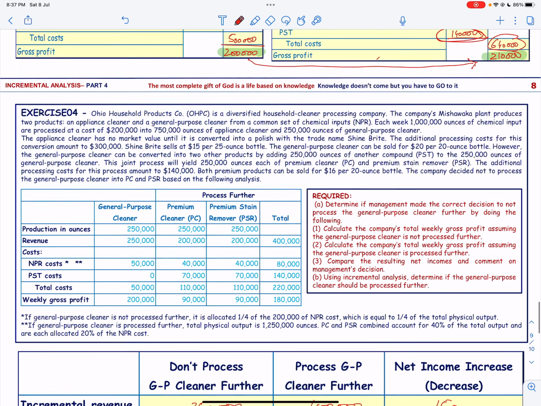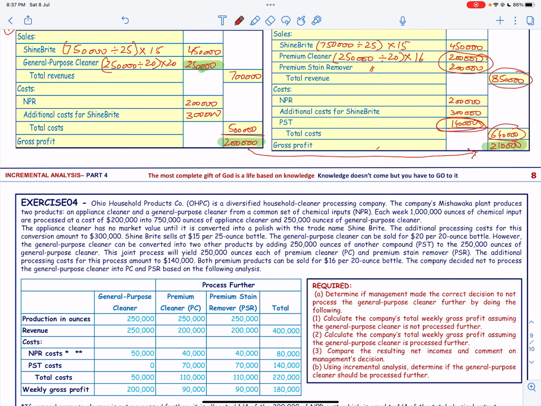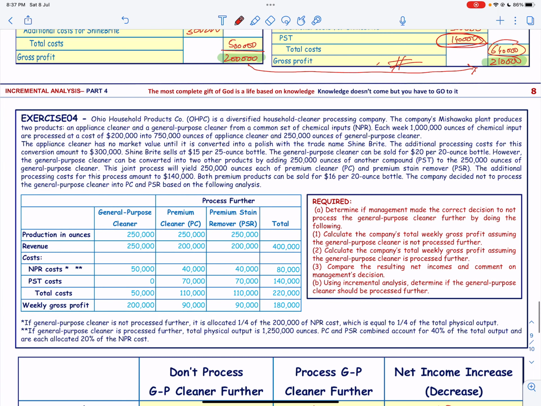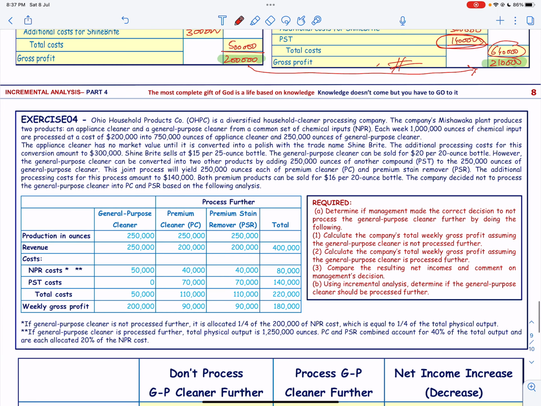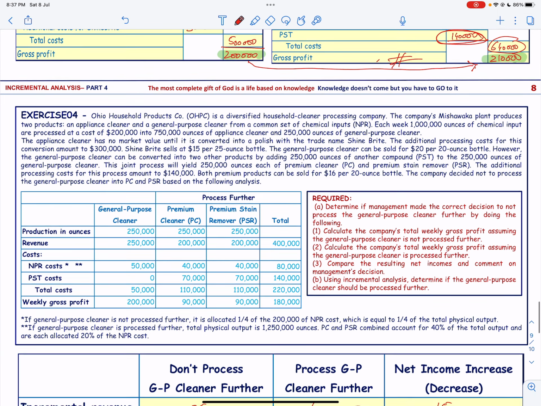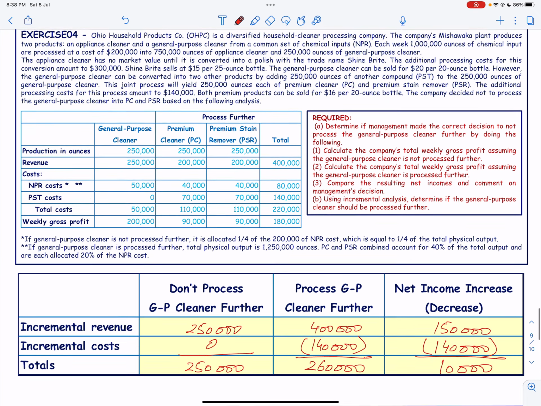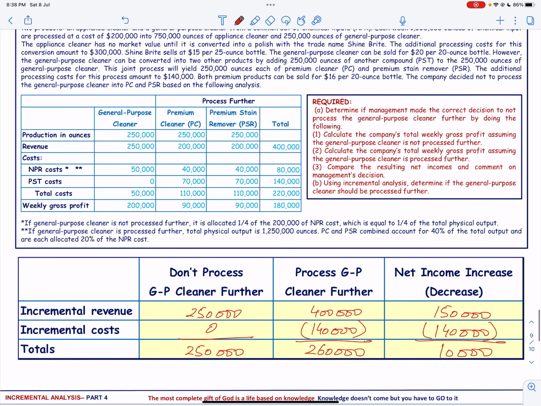That is what we have done over here. We have shown it over here as well. So the decision should be made by comparing the incremental revenue and incremental cost, and we can see that they should have processed it further.